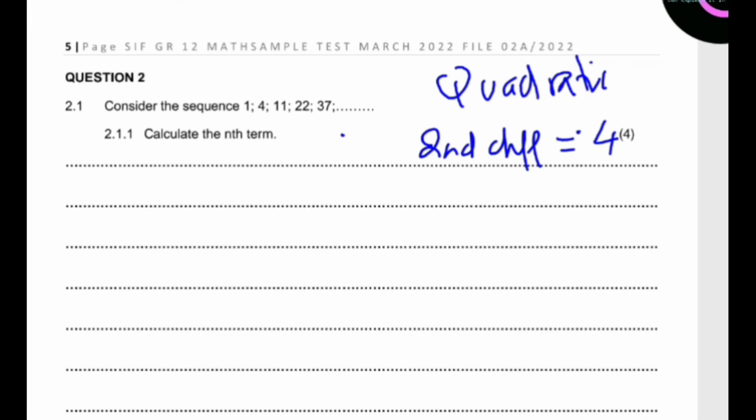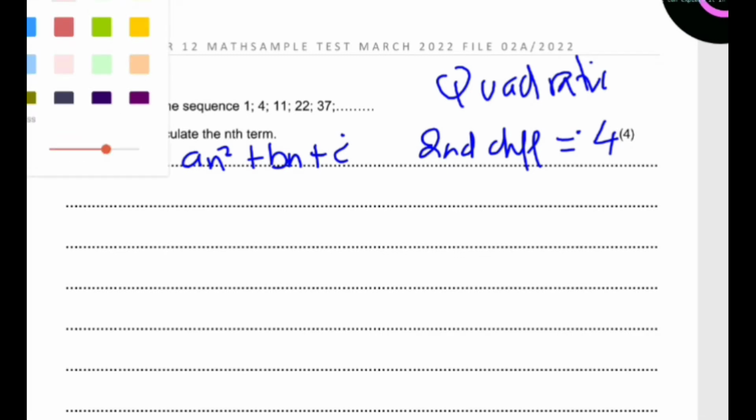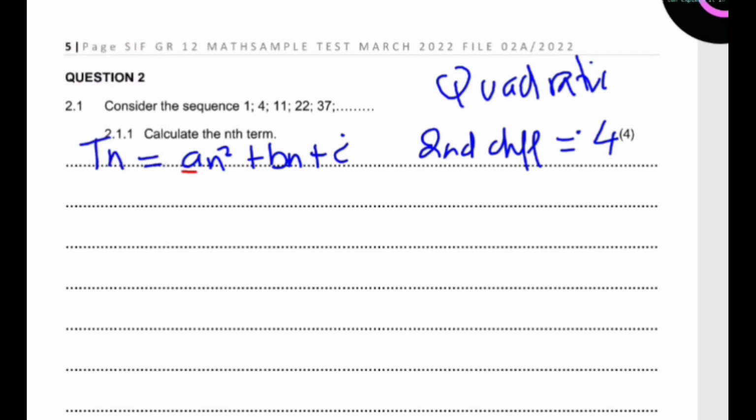Okay? Now, how do you get the nth term? Well, the general formula for a quadratic sequence is Tn is an squared plus bn plus c. So we need the values of a, b, and c. Okay, how do we do that? Well, the value of a is easy.